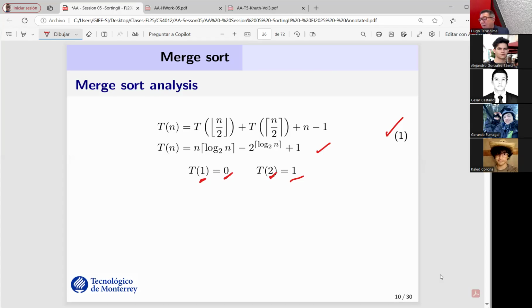Is that clear enough? So I'm stating here the initial conditions for the recurrence. There is a recurrence that I want to show. Is that okay? Yes?